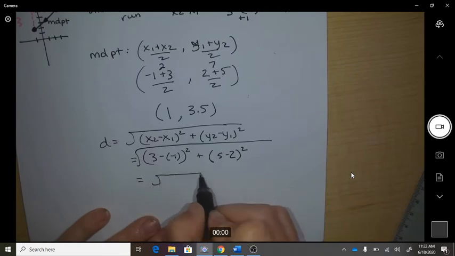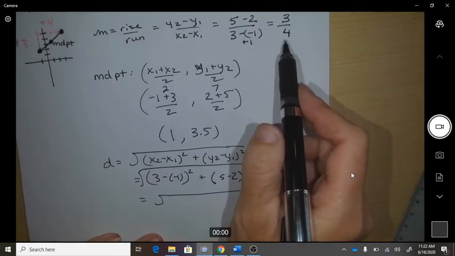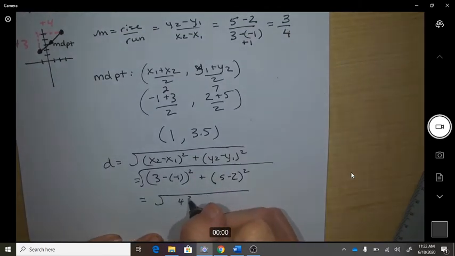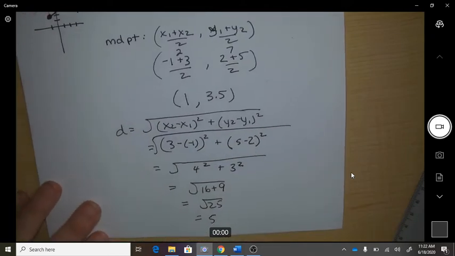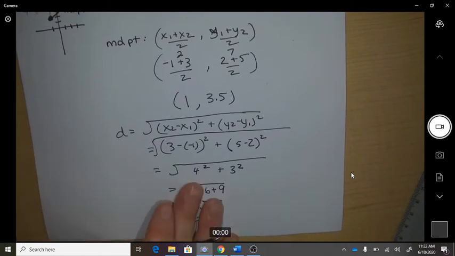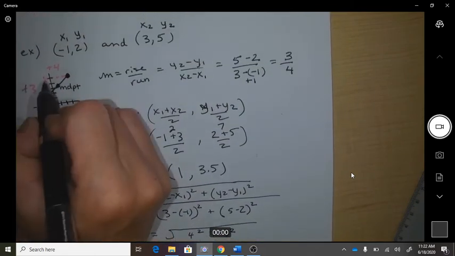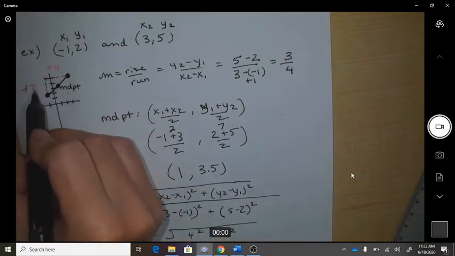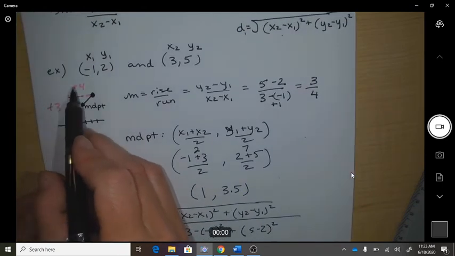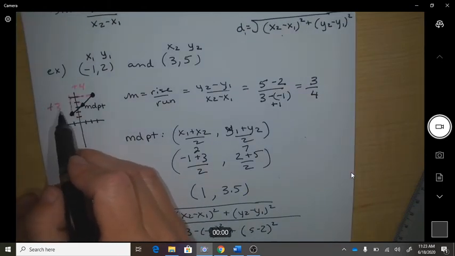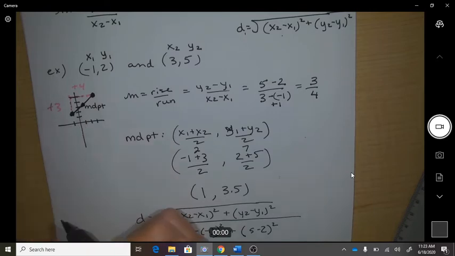Okay, so we already have all these numbers. We had a 4 and a 3, so 4 squared plus 3 squared is 16 plus 9, 25. So the distance between them is 5. Okay, and like I said, you can think about Pythagorean theorem. 4 squared plus 3 squared, so that's 25. So this hypotenuse is going to be 5.